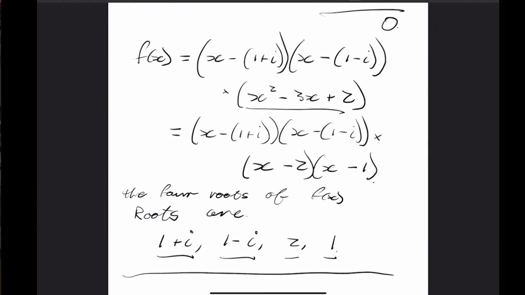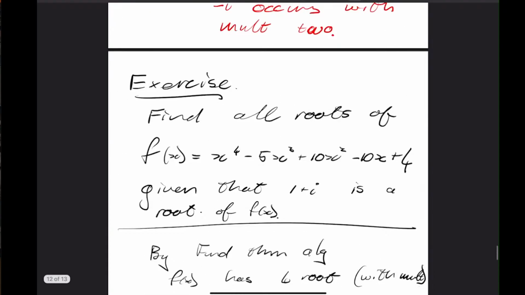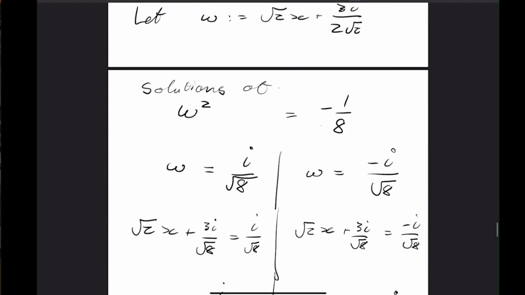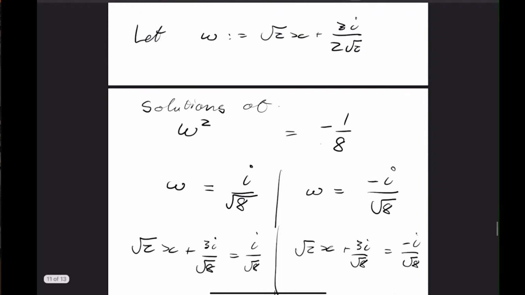Let me just take a look at the chat. There is a question about the previous question. How did we find i over the square root of 8 and minus i over the square root of 8? That is because, notice here, we're trying to solve this equation. We are finding the square roots of minus 1 over 8. So please do revise chapter 6 on finding the roots of complex numbers.